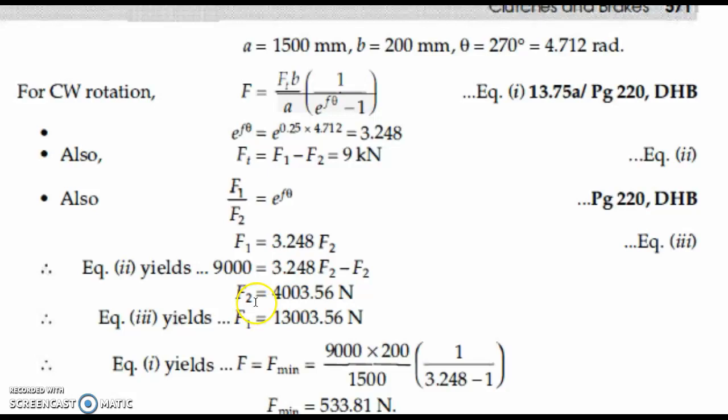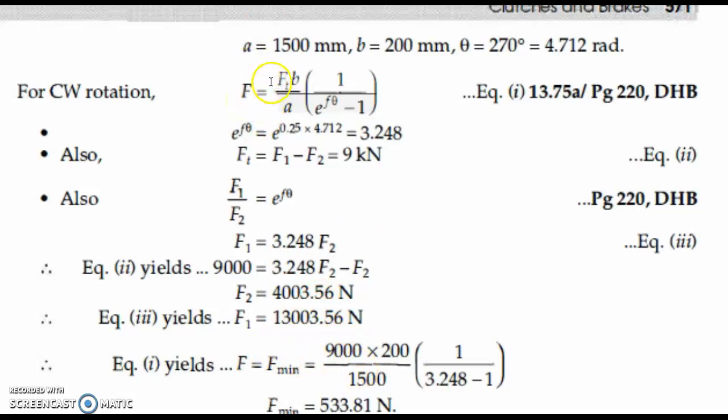The value will become F2 is equal to 4003.56 Newton and F1 value is equal to 13,003.56 Newton.